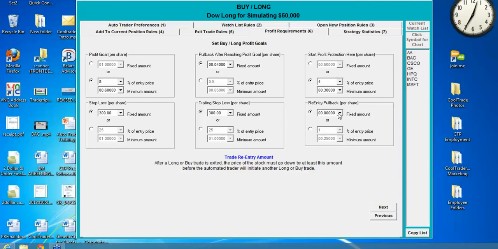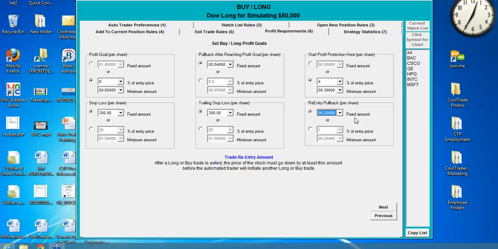You want to wait for it to pull back. So you could set this, and you could say that you want that stock to pull back at least, let's say, 25 cents before you open up another position.